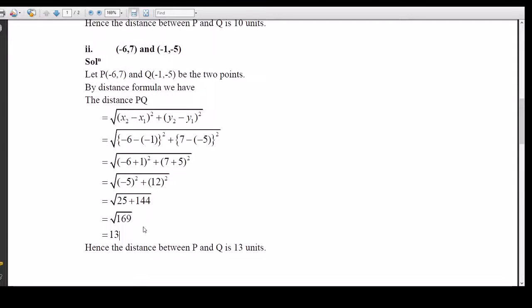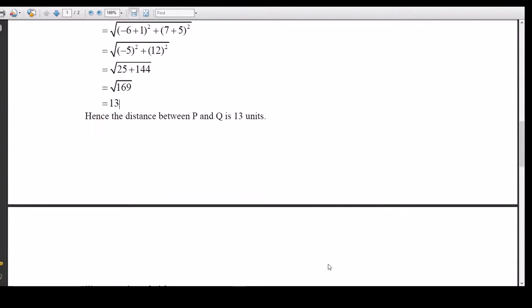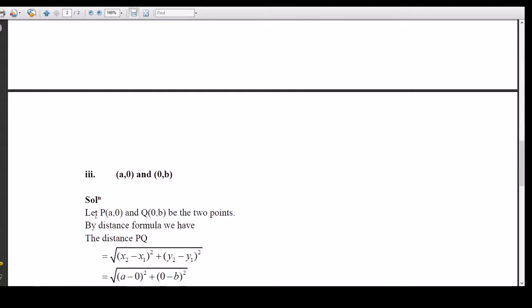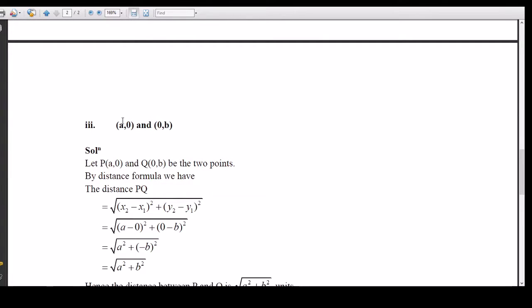Then next we have problem number 3, where the first point is A, 0 and the second is 0, B. This means x is A, y is 0; for the second point x is 0, y is B. Let P be the first point and Q the second point. By the distance formula, A minus 0, 0 minus B. A minus 0 is A, 0 minus B will be minus B, isn't it? A squared will be A squared itself, minus B squared will be B squared, because minus multiplied by minus will be plus.